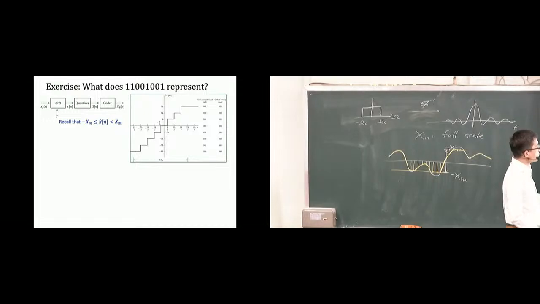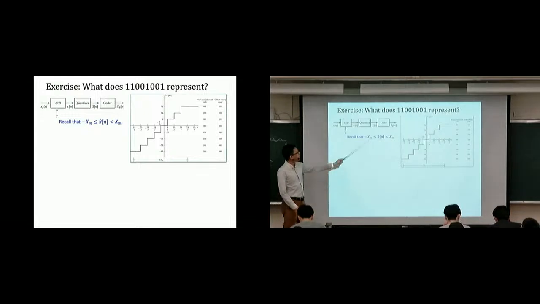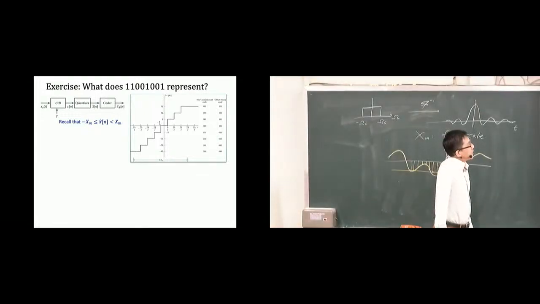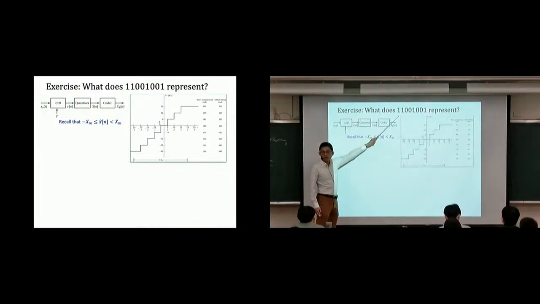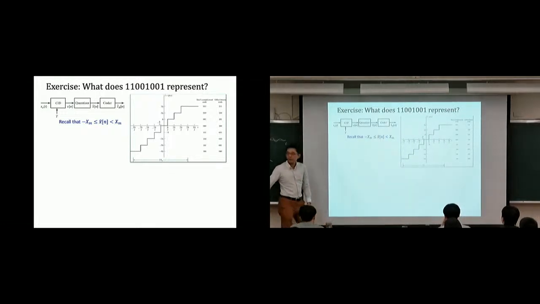Well, so this is the plot to remind ourselves this is what we have when we have 3 bits. But what if we have now 8 bits? 8 bits. And I need you to help me, what does this code correspond to? What does it represent?